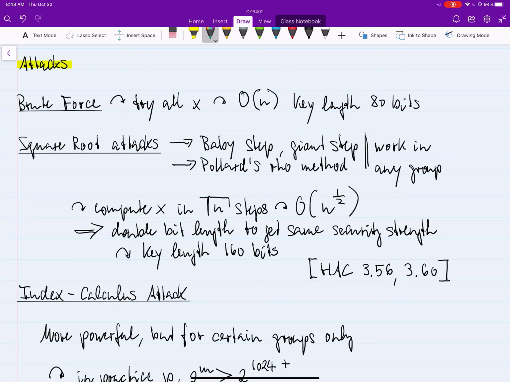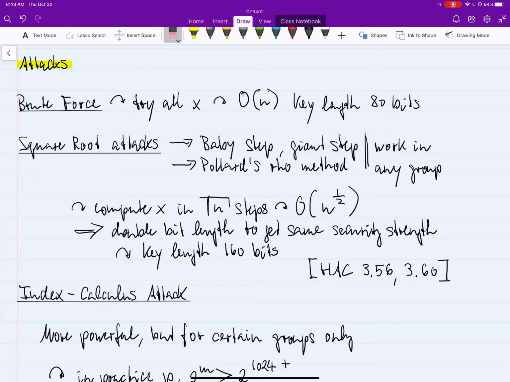For these attacks, we are going to increase the bit length to 160 bits. If you are interested, those two attacks, baby step, giant step and Pollard's rho method, are described in the Handbook of Applied Cryptography under these paragraphs. Not chapters, paragraphs, actually.